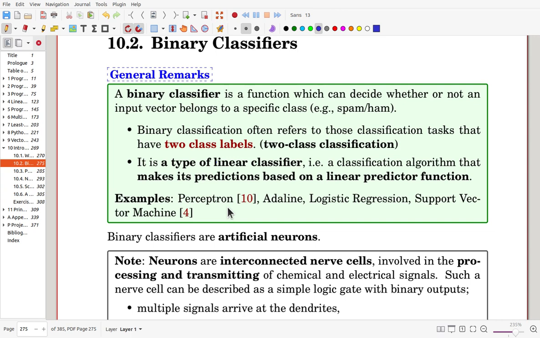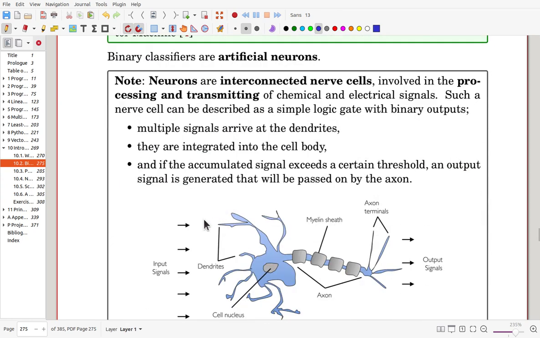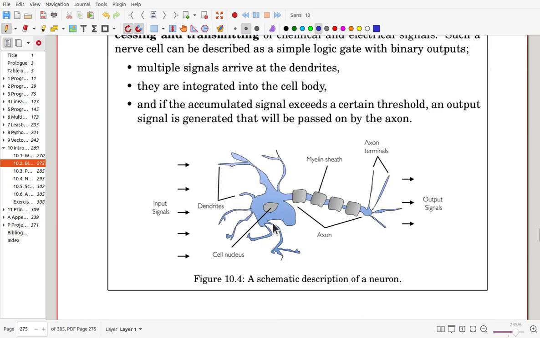These are artificial neurons. Neurons are interconnected nerve cells involved in processing and transmitting signals. They can be summarized in this figure.